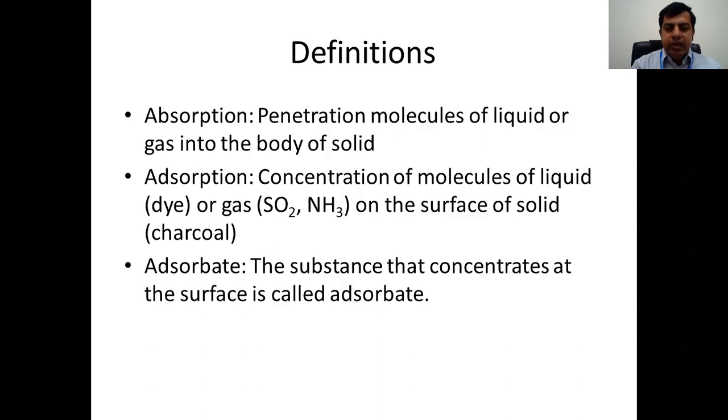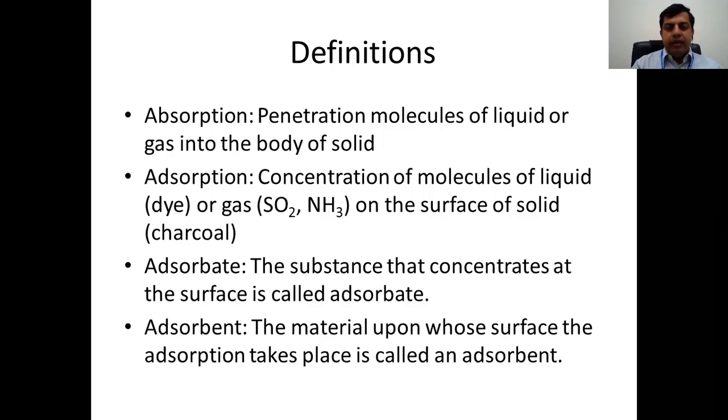That means the liquid or the gases which are going to adsorb on the surface are called the adsorbate. And adsorbent is the material upon whose surface the adsorption process is going to take place. It is called the adsorbent.